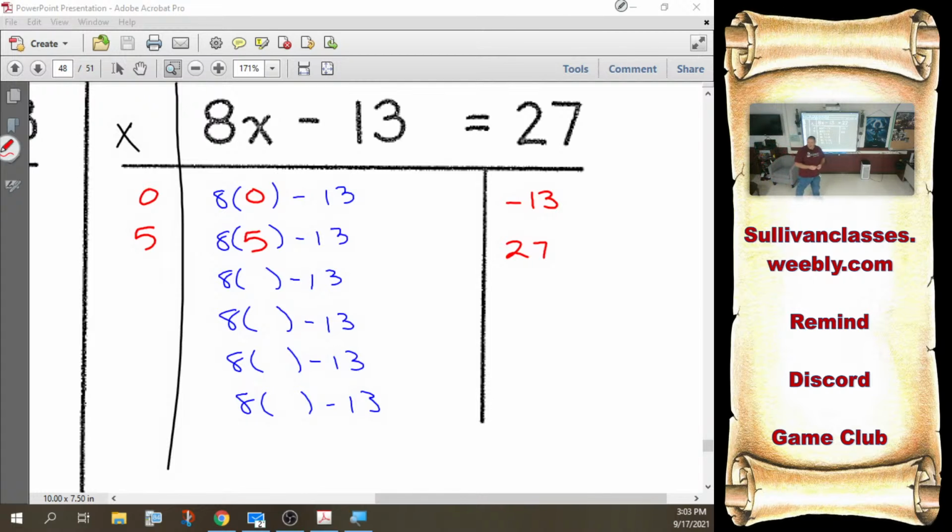Do you know that's how your NWEA tests work? It's called an adaptive test. I was on the pilot program for it when it first came out, like 15 years ago. It starts you at questions that are at grade level.